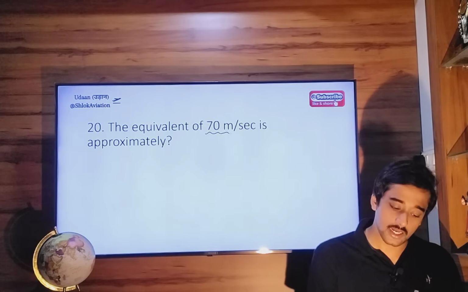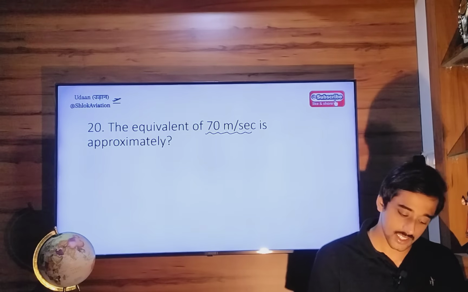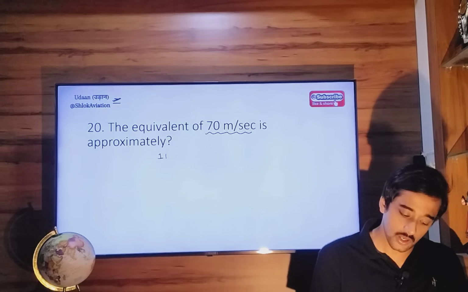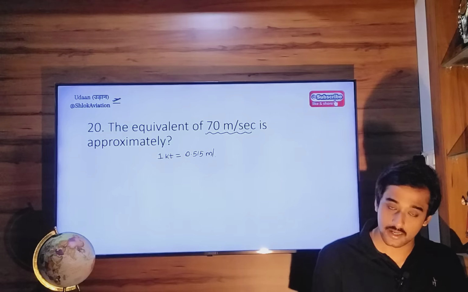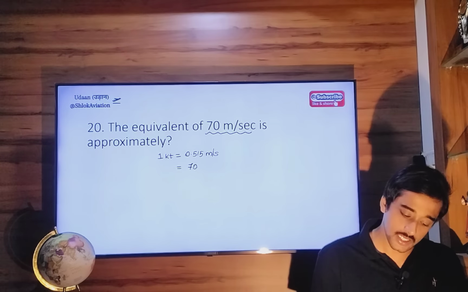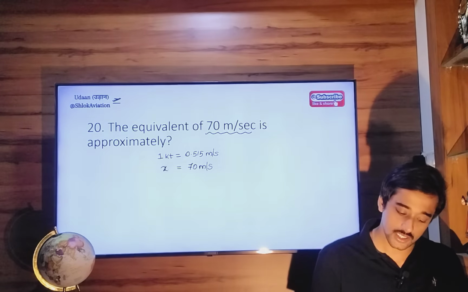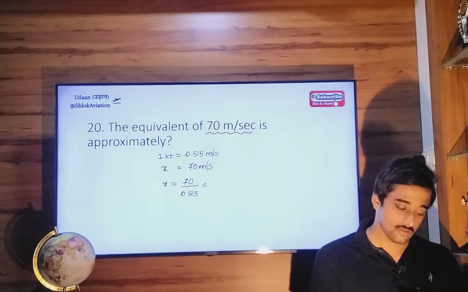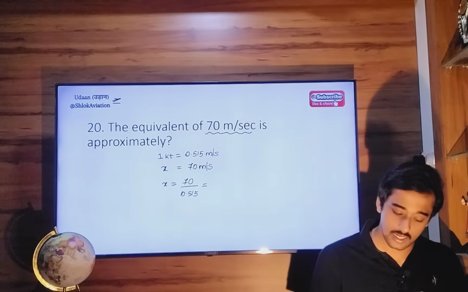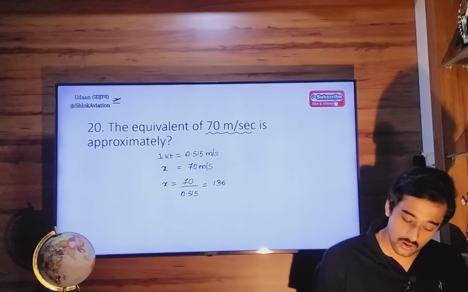Equivalent of 70 meters per second in terms of knots. So we all know that 1 knot equals 0.515 meters per second. So 70 meters per second will be equal to how many knots? So 70 divided by 0.515 is equal to 136 knots.